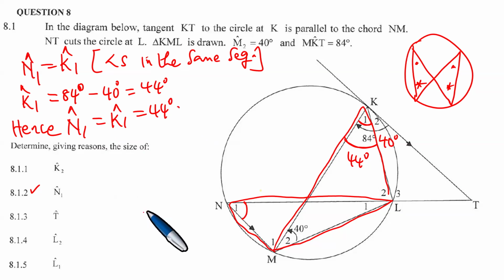And obviously, you've already got the angle K2, which is 40 degrees, and the angle N1, which is 44 degrees. And then we continue.